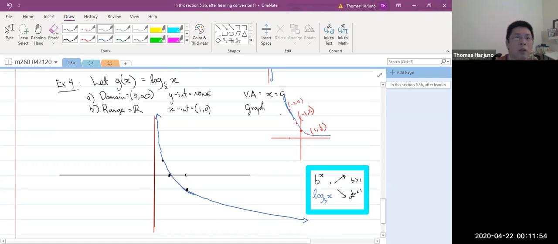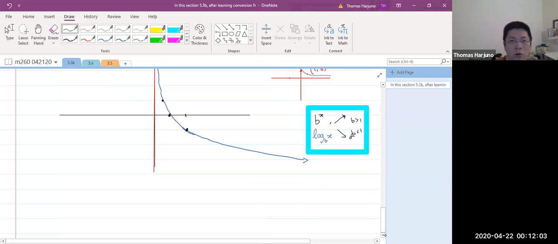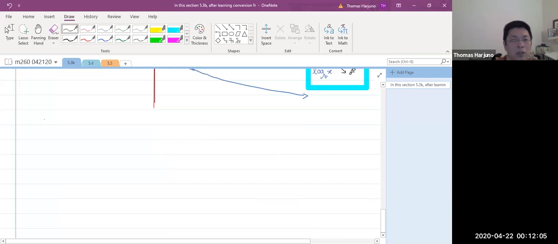Okay, but the one I need you to actually be able to really graph is not this type though. The one I need you to be really, really strong at is this type. Example 5, let f(x) equal, let's say, log base 2 of (x plus 4) minus, let's say, 3.